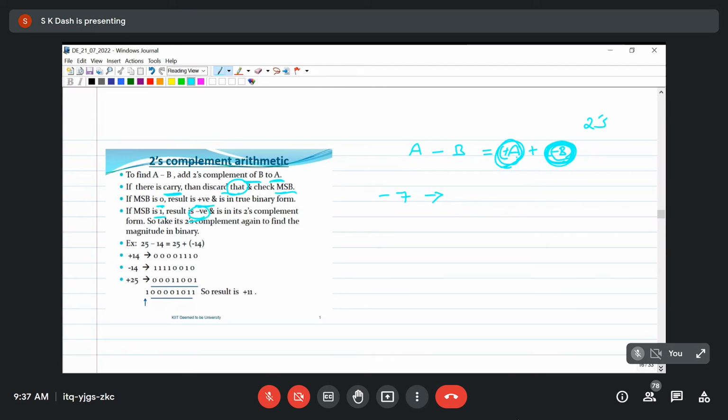But there is another issue. Suppose the question comes, what is 15 minus 7? The answer is 8. But whenever we are doing this adding, everything we are doing in binary. For our exam point of view, we need to write that the answer is equal to 8. If it is plus 8, no issue, it will be in its true form.